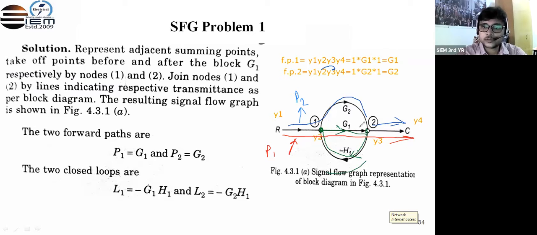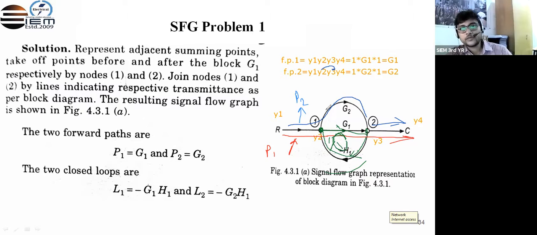Okay, it is a loop. But when there are two forward paths, that should not be a loop. I'm repeating again. A loop is a thing where it starts from one node and terminates at the same node, but without repeating any intermediate node. Clear?